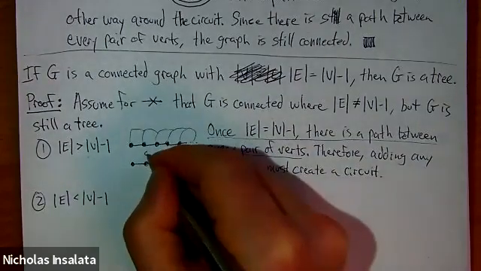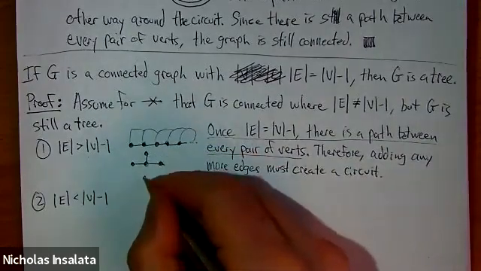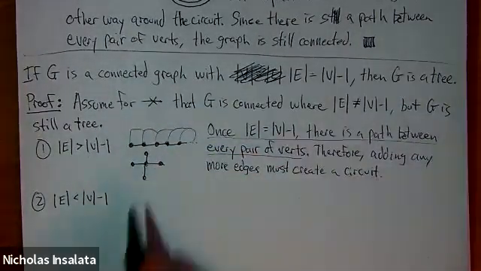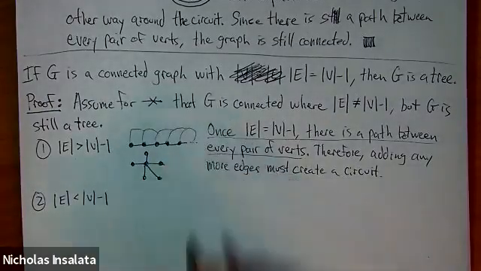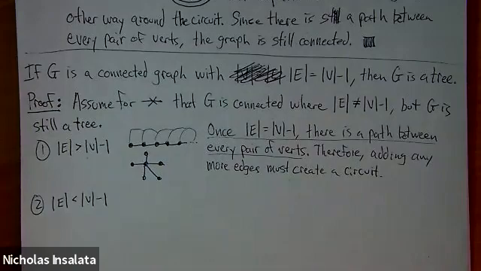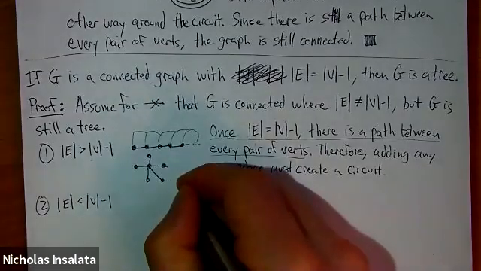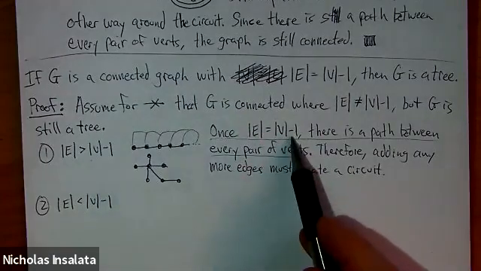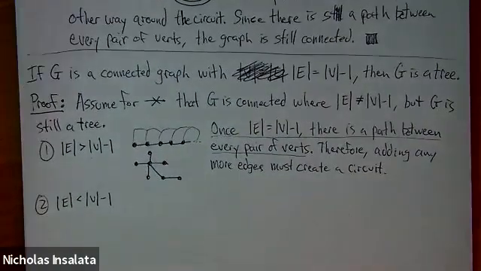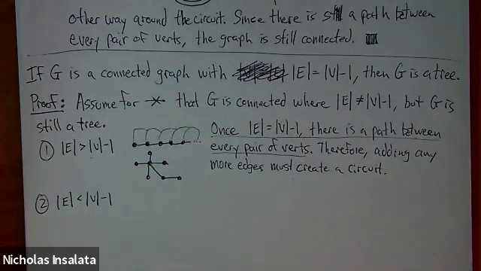And it doesn't have to be in a line. It could be going off sideways and stuff. That's fine. But for each new vertex that we add, we have to connect it back up somewhere with some new edge to keep it connected, right? And so once we get up to v minus one edges, there's a path between every two vertices, because that's the construction that we use to build our connected graph in the first place, right?